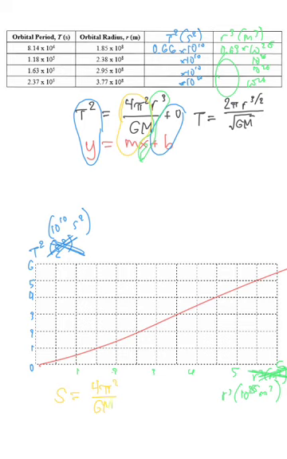And since it's the m I'm solving for, if I just rearrange that, I'll get the mass of Saturn is equal to 4 pi squared over gs. The value for g, I know, that's the 6.67 times 10 to the negative 11.